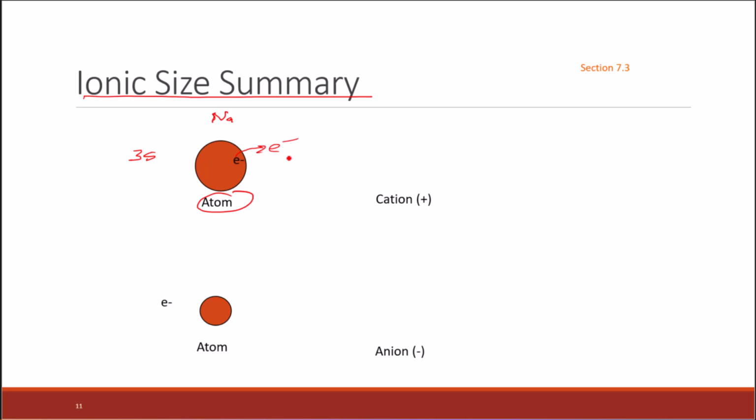Now, if that electron leaves, you now have a sodium cation.